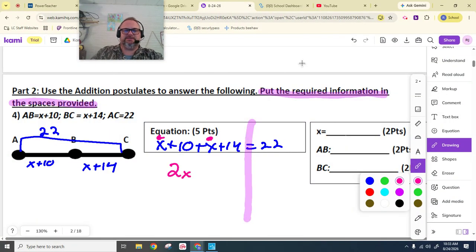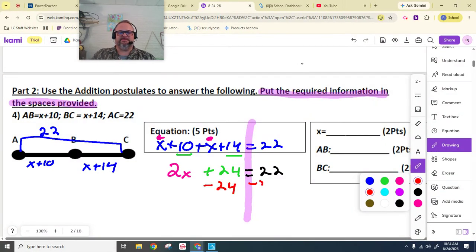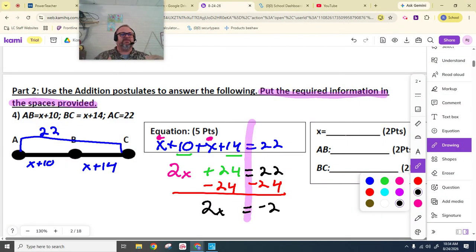This is 2x. 10 and 14 is 24. Not as funny as 25, but it's still there. Once we combine like terms, if you needed to write down the steps to solve, that was on our stuff last week, the little boxes, you can do that.